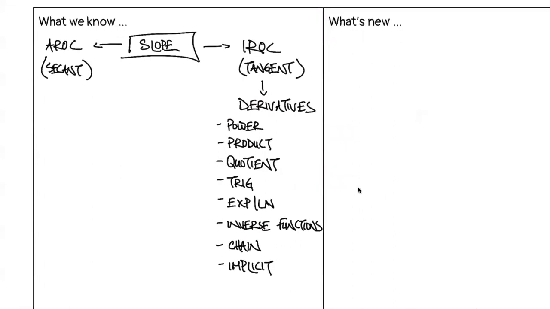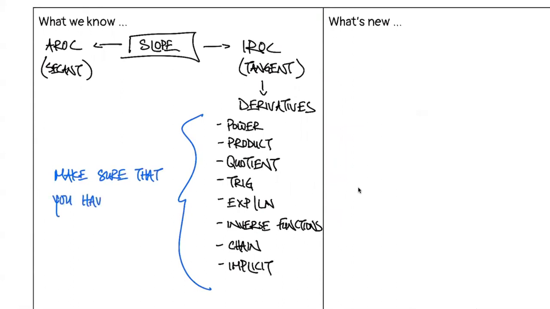And so this is a really good moment, if you're like, I have not been feeling very confident on all of these, to make sure that you have most of this, I'm going to say memorized.